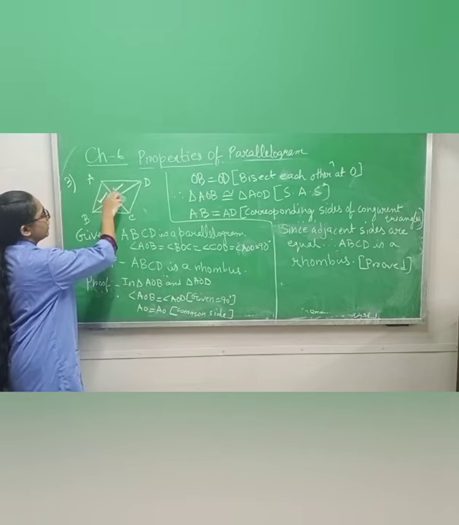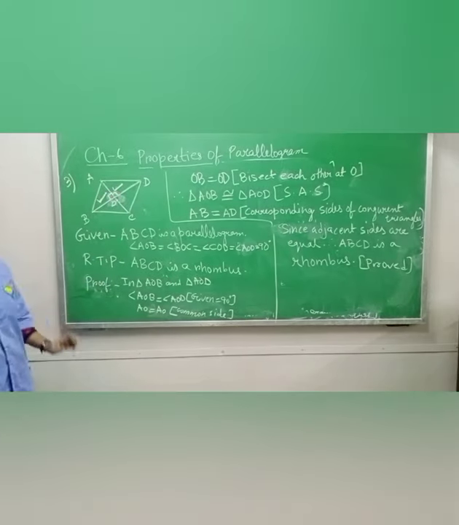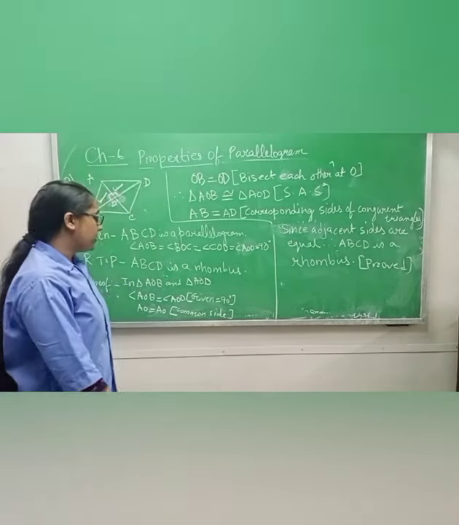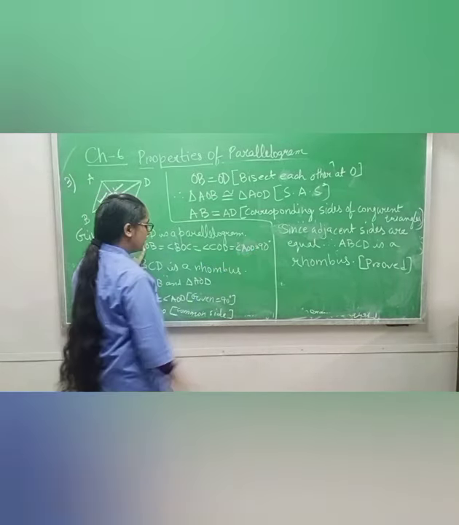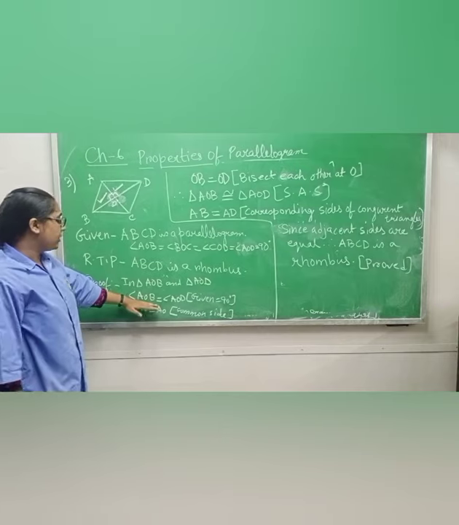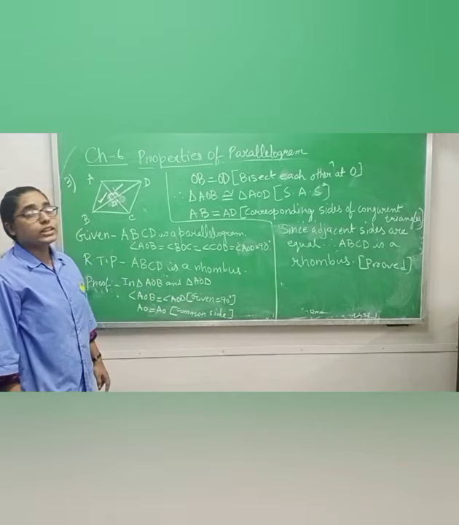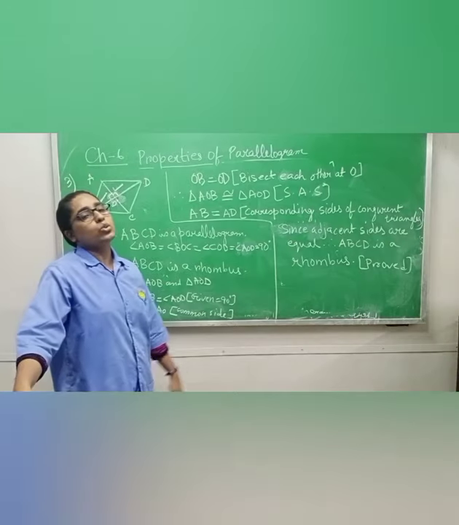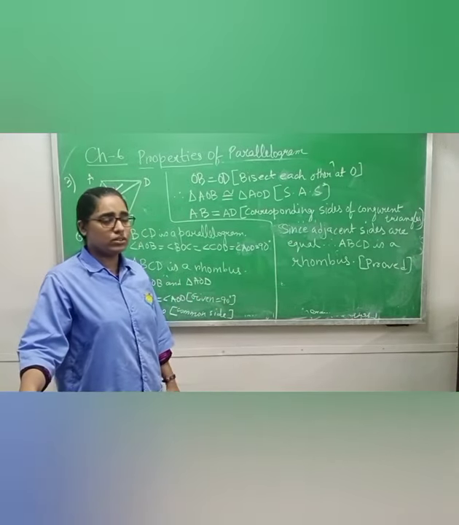In these two triangles, this angle and this angle are equal. Why are these two equal? Because they are making 90 degrees. It is already given that AOB and AOD are 90 degrees. That is why first I will write angle AOB equals angle AOD, given, equals 90 degrees. You can write given also. No need to write 90 degrees once you understand.